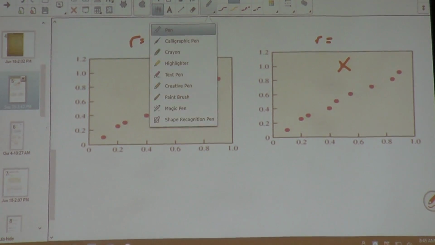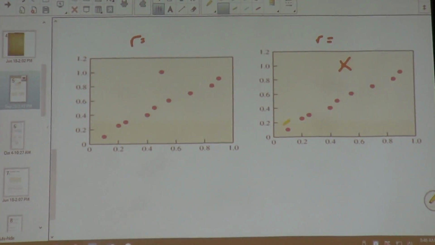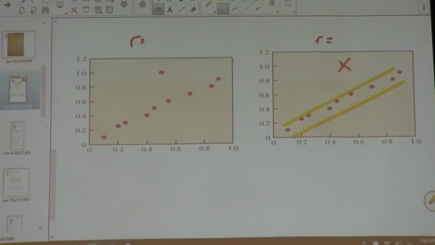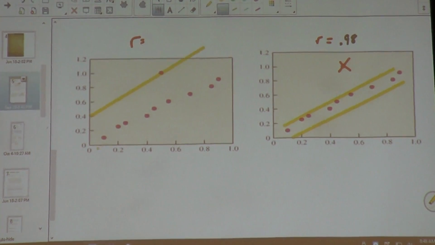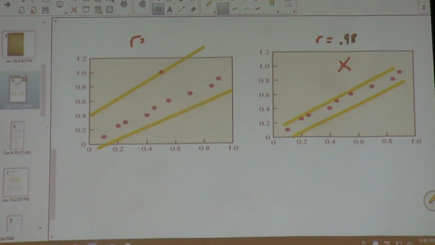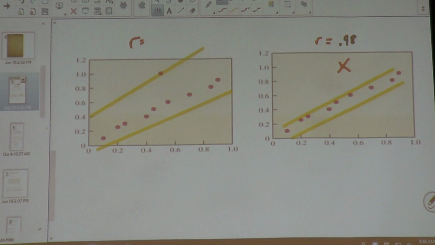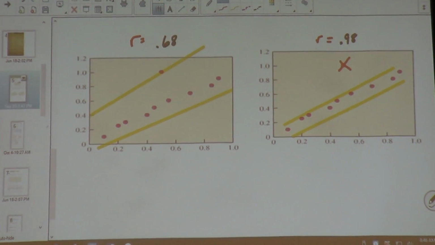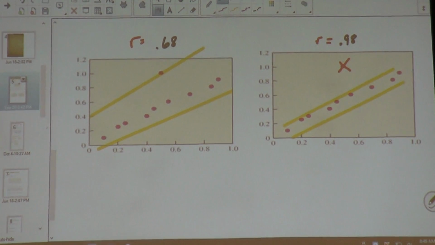If I took the outlier out, can you see that my R value is really good? That's like an R value of, let's say, 0.98. If I leave the outlier in, it's going to be a lot lower. It may be like an R value of 0.68.